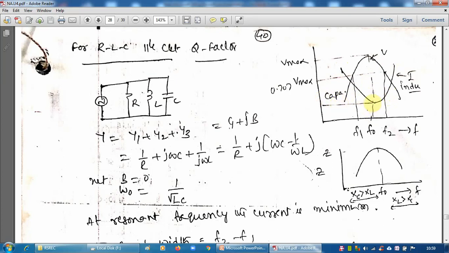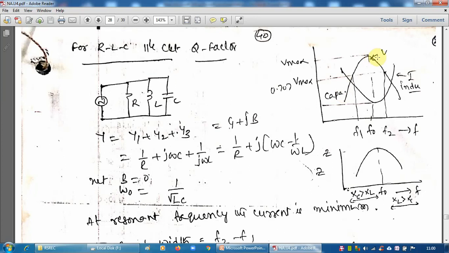If this is the minimum current value at resonance, denoted as I naught as in the previous case, then I naught into root 2 gives some value, more than this value. Draw a horizontal line at that value I naught root 2, and we will get two cutting frequencies, F1 and F2.